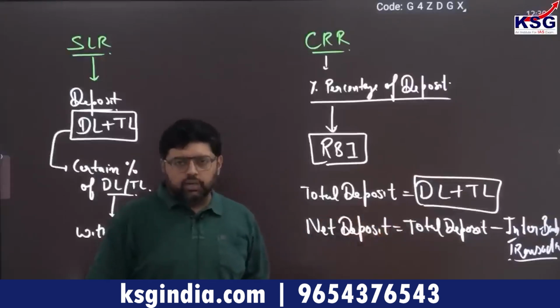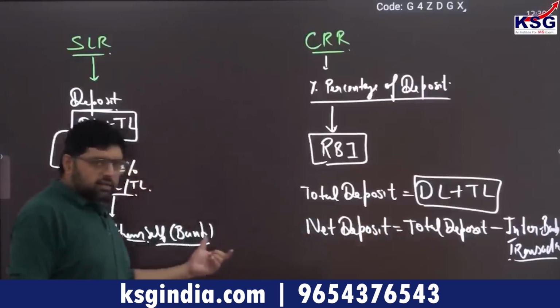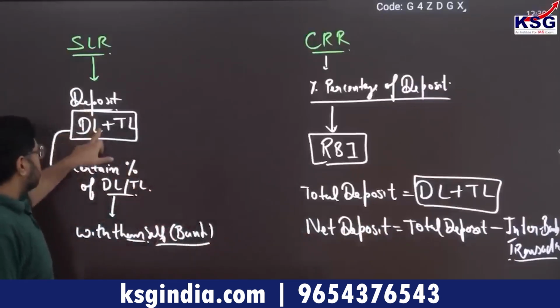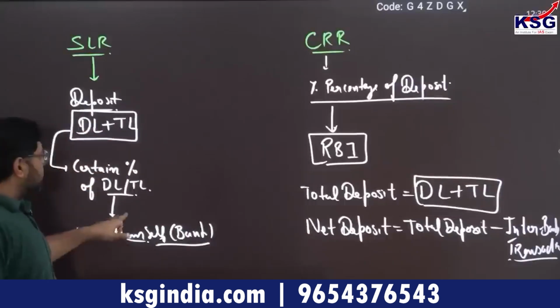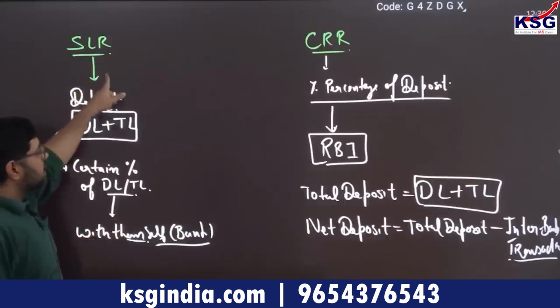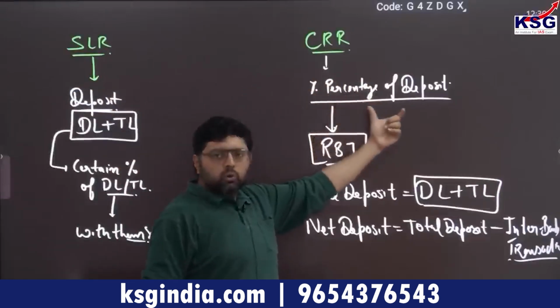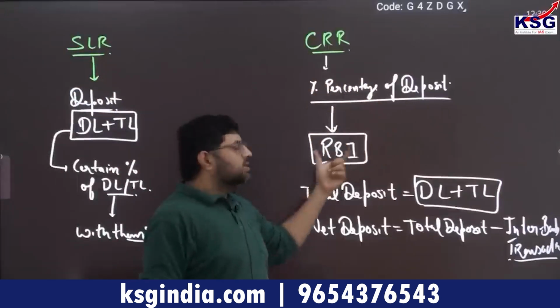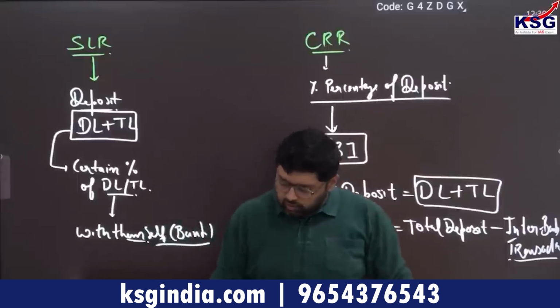In books, SLR is sometimes written as the percentage of net deposits that banks maintain themselves, whereas CRR is the percentage of total deposit that banks maintain with RBI. So this is what you first have to remember.